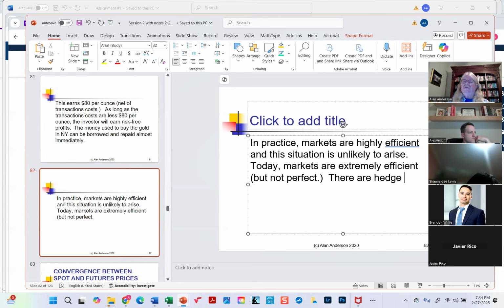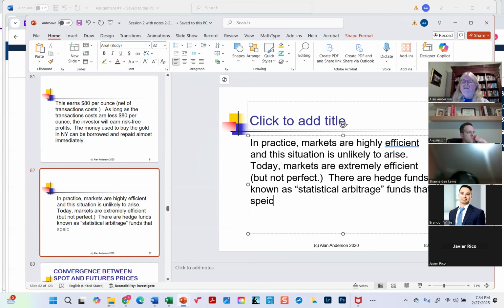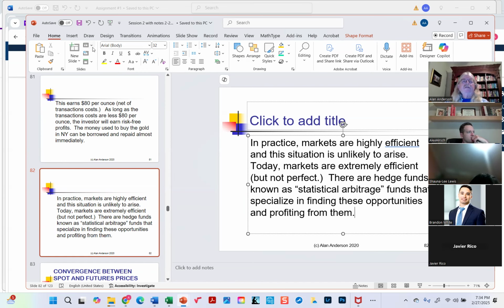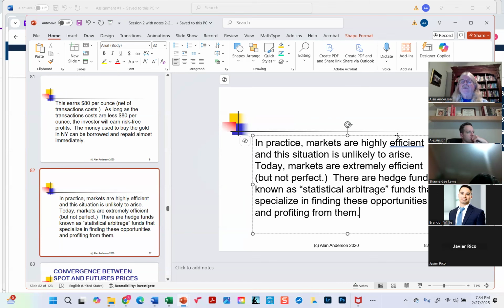There are hedge funds known as statistical arbitrage, among others, there's plenty of them, that specialize in finding these opportunities and profiting. But here's the big but. It's gotten to the point where it's too fast for human beings.